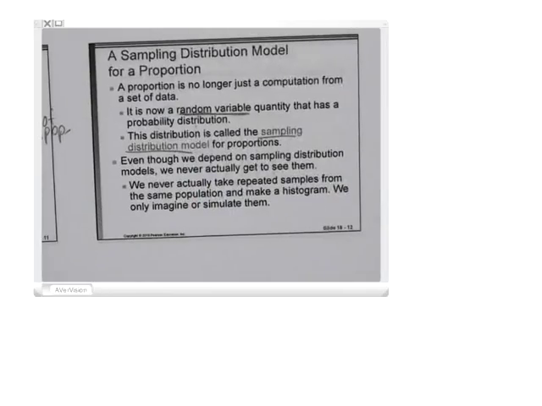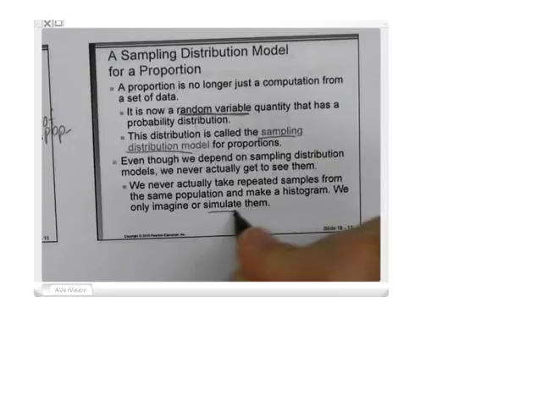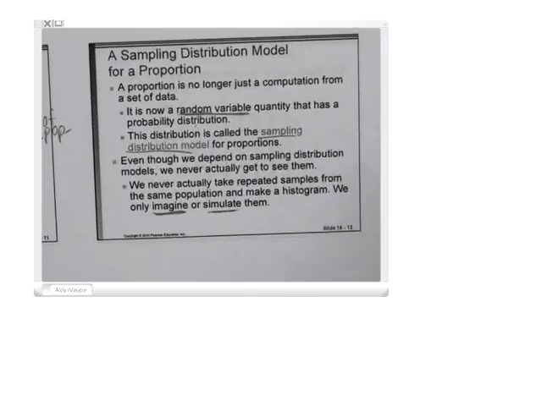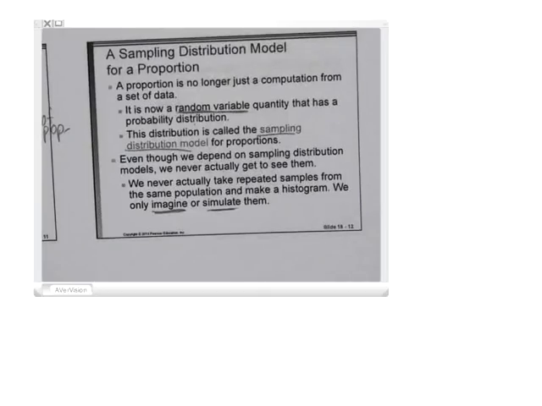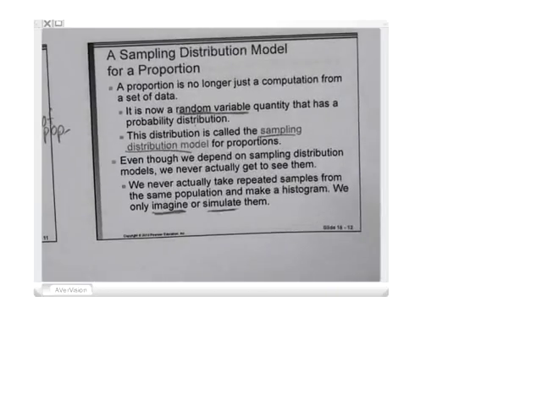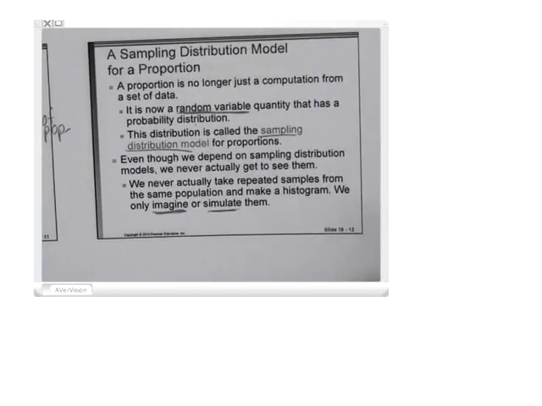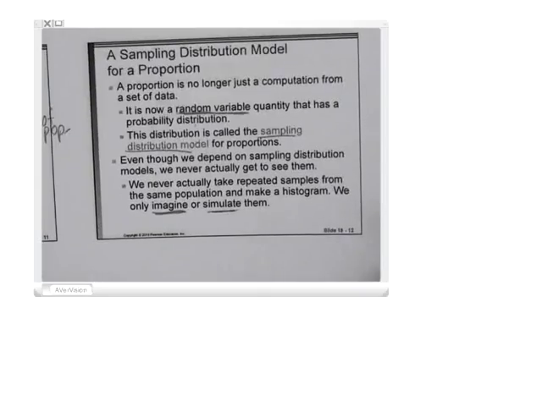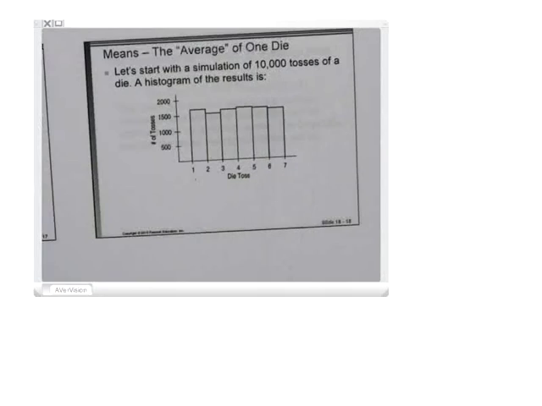Even though we depend on sampling distribution models, we never actually get to see them. It is actually impossible to take every possible sample from a population and make a histogram, but we can simulate it or we can imagine it. Computers have done it for us. We know if the sample sizes are large enough and all of our conditions are met, it will be roughly unimodal and symmetric, centered at P with a standard deviation of the square root of PQ divided by n.